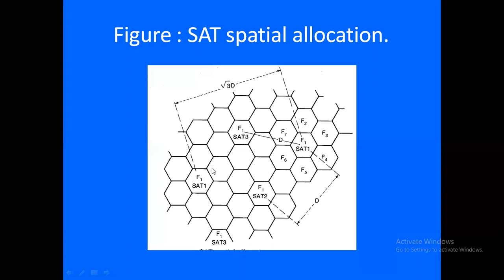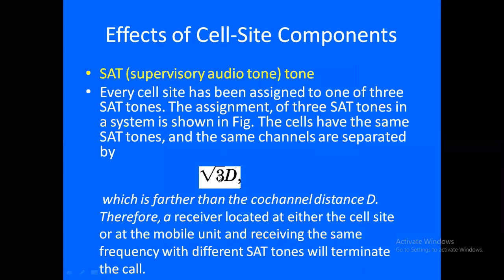They have to respond within 5 seconds; if not, the call will be terminated. So we have SAT1 here and SAT3 here, and the distance between them will be root 3 D. The cells that have the same SAT tones and the same channels are separated by root 3 D.